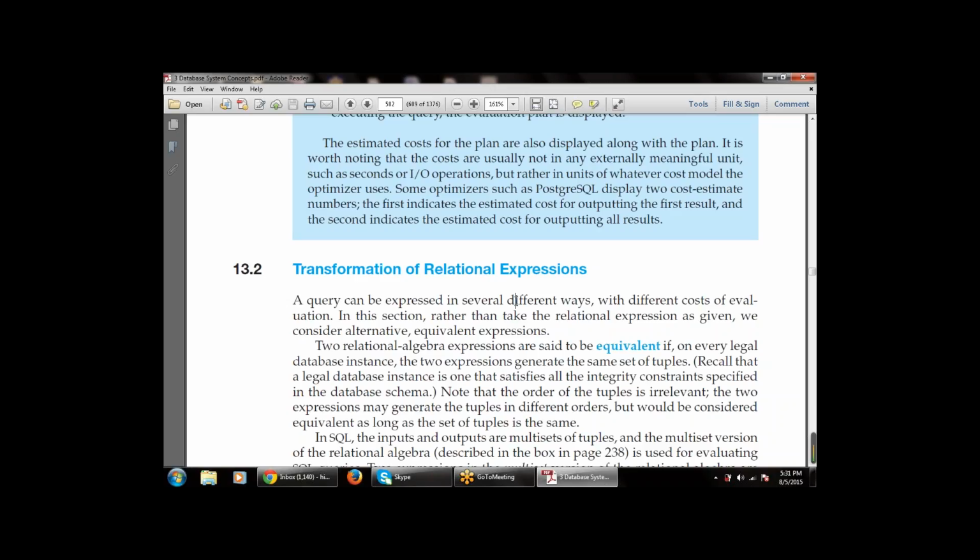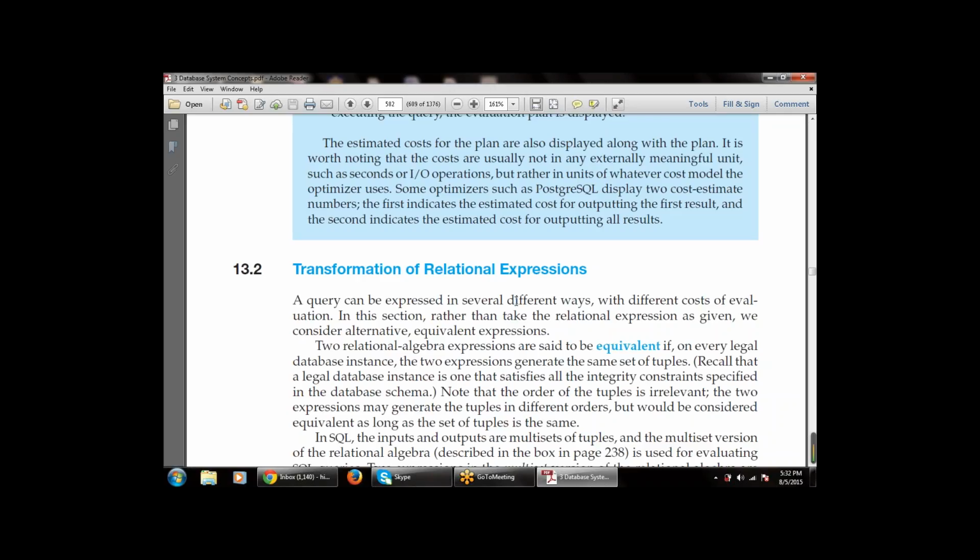Two relational algebra expressions are said to be equivalent if on every legal database instance the two expressions generate the same set of tuples. That is, on a legal instance, when we say the two given expressions are equal, that means they generate the same set of tuples.